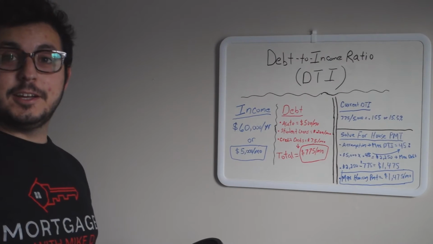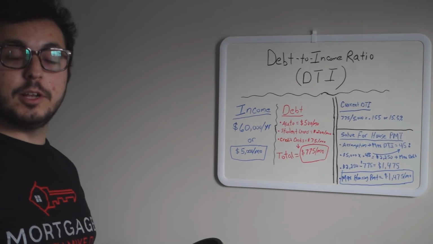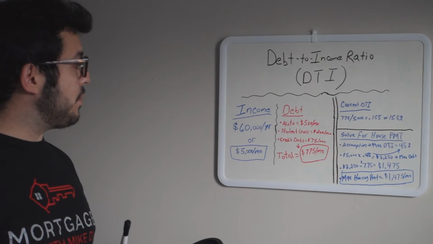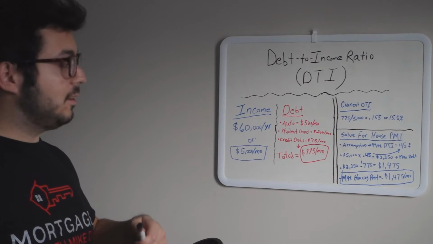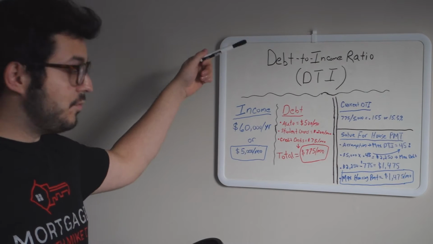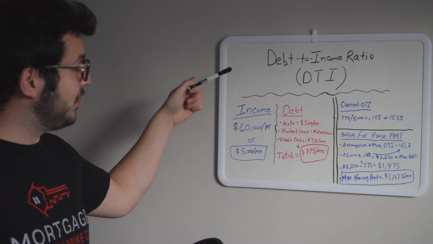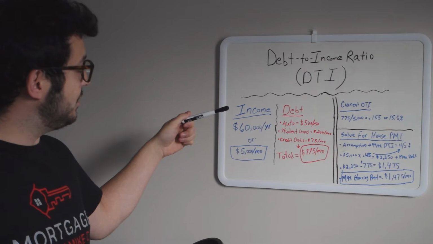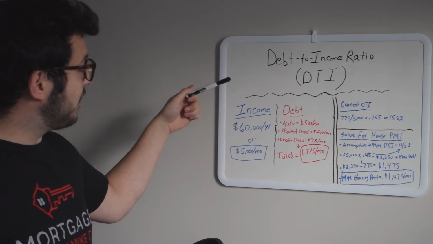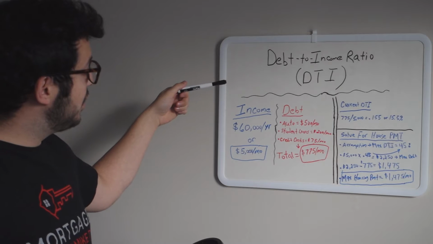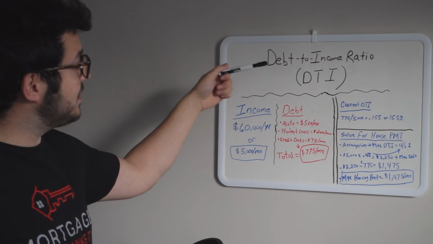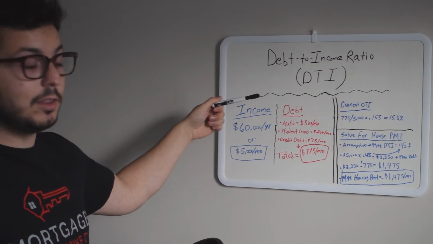All right, guys, we're going to go to the whiteboard here. I know for me personally, for a lot of you guys out there, looking at an example visually gives you a much better sense of how to understand something and ultimately figure out how you can use what we're talking about, in this case, debt to income ratio, in real life.